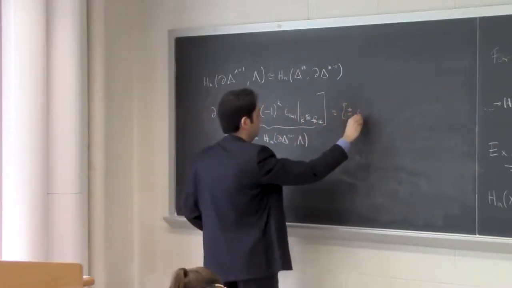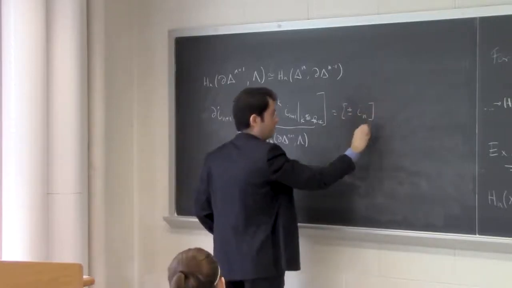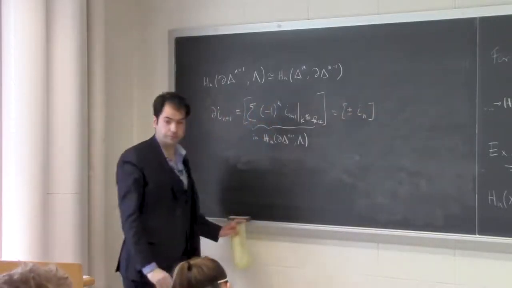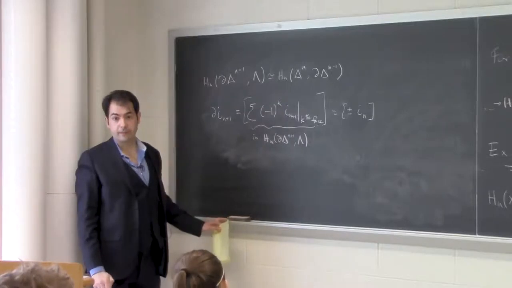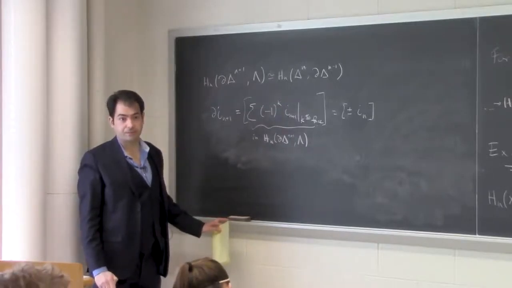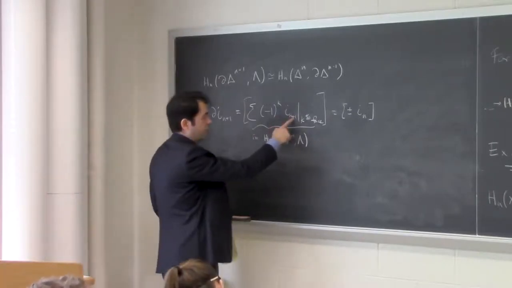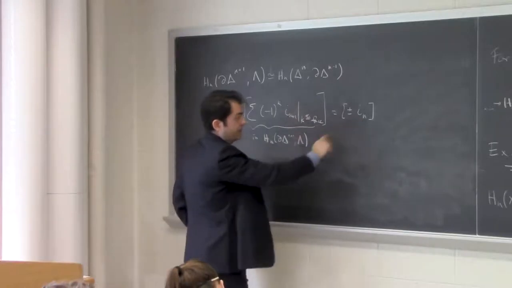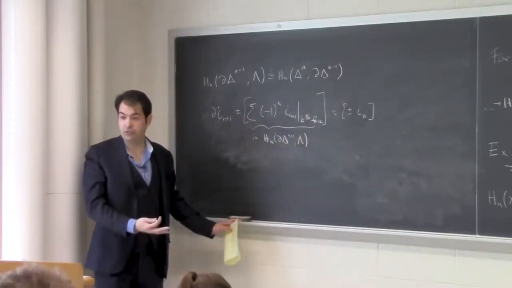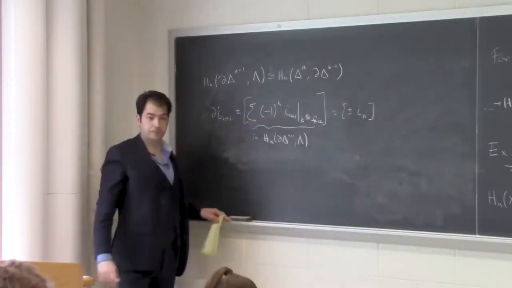So it's plus or minus I n. Right? Where I'm saying I n plus 1 restricted to the last face is the identity map of that face up to a sign. Right?